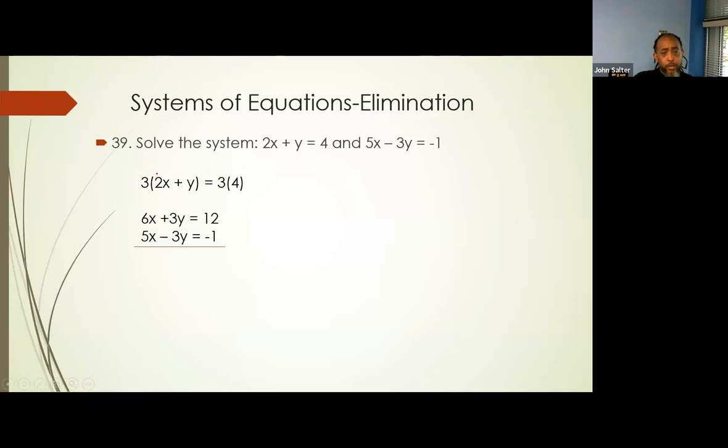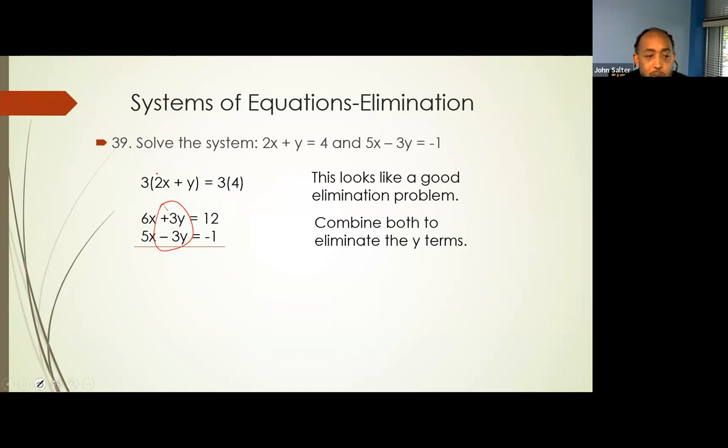Okay, so it looks like I multiplied my first equation by 3 on both sides to where I got 6x plus 3y equals 12. And I compare that with my second equation. The reason why I did that is because now my y's are the same and different. I have equal opposites. It's a good elimination problem.